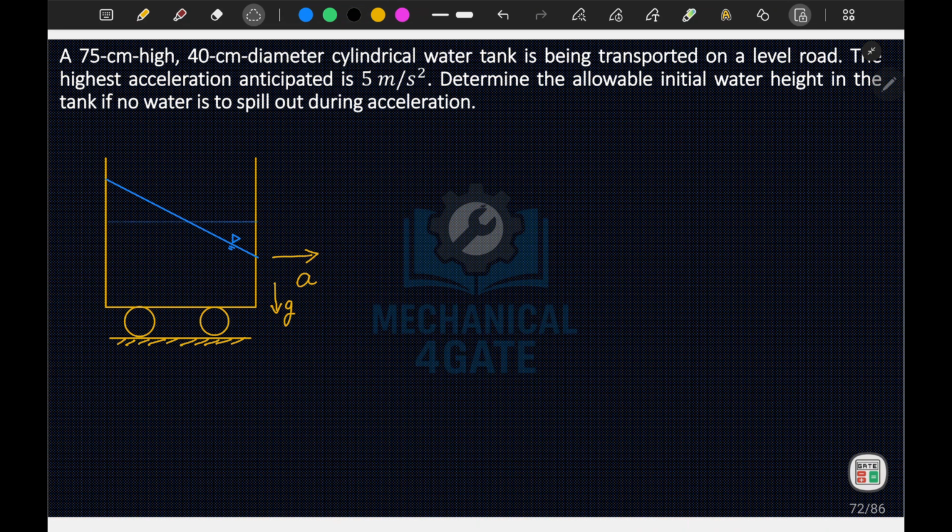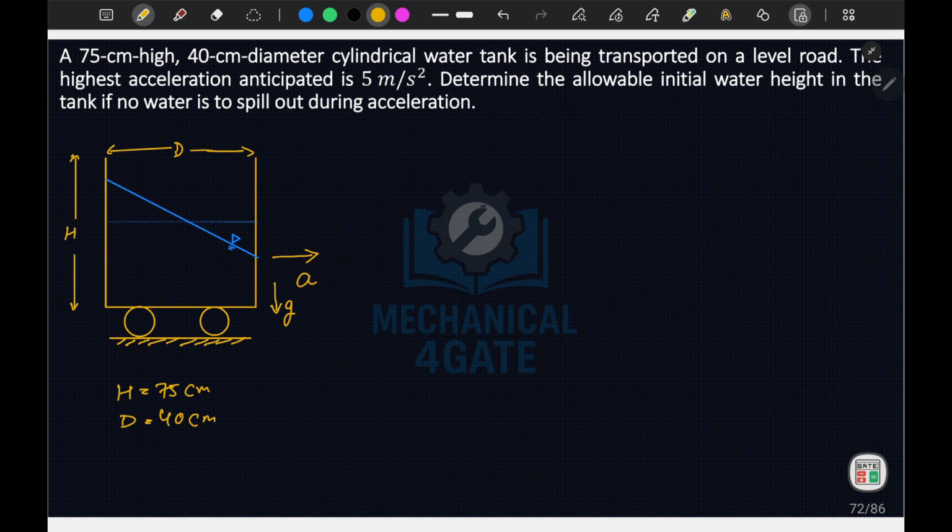So here it is mentioned that this height here is your 75 centimeter, or let's say capital H, and the diameter of the container D is given. So capital H is equal to 75 centimeter, and your diameter is equal to 40 centimeter.